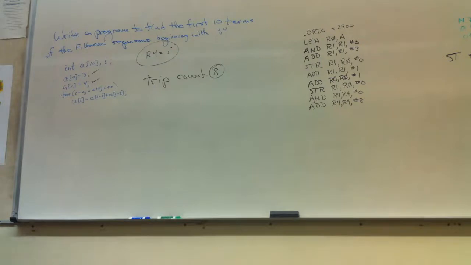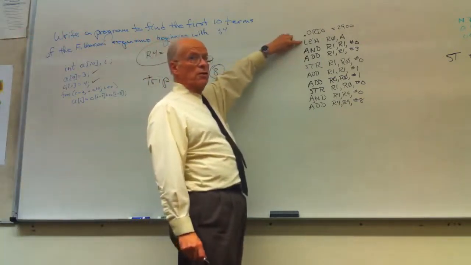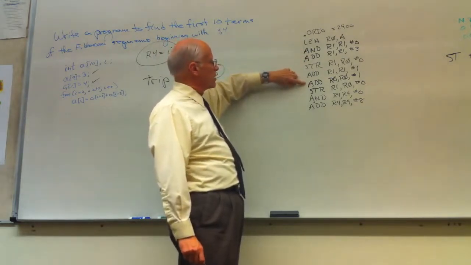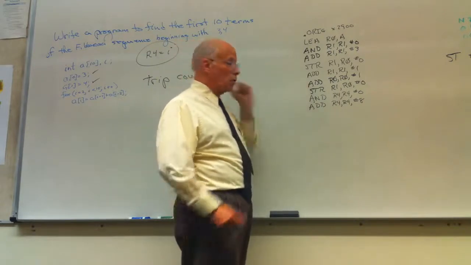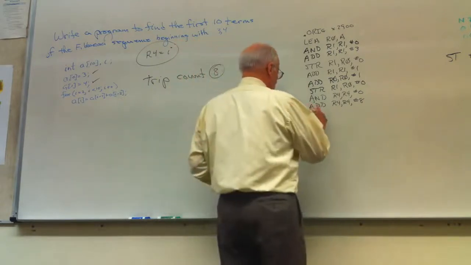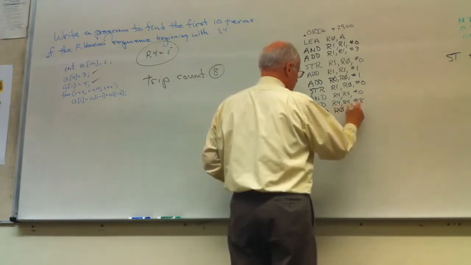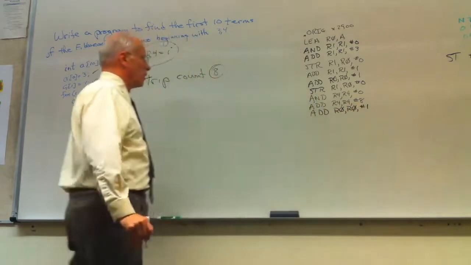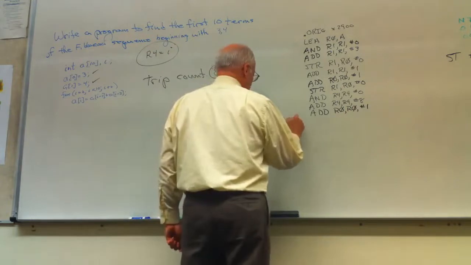Now, I also need to set up my addressing register. It currently has the address of A1. I want it on A2, so I will add one onto there too. Okay, now I'm set to do my loop.